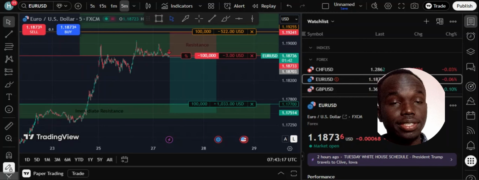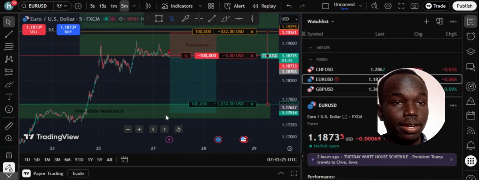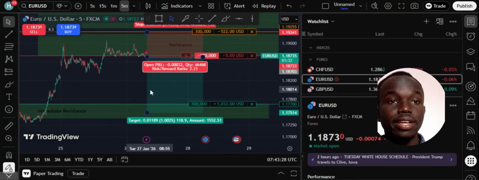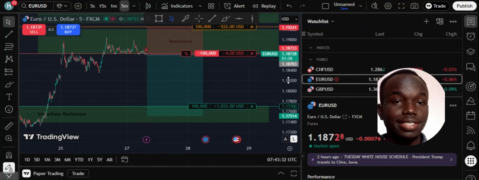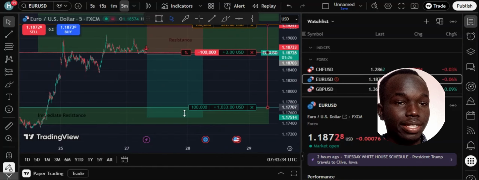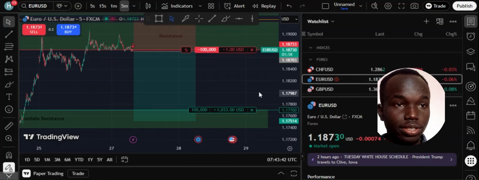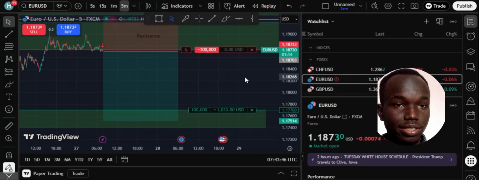Considering these factors, I do believe the market is going to go well. What I'm seeing is that our resistance is holding in the 5 minute time frame. We've seen two major highs, and regarding that factor, the resistance is going to hold. It's just about time, so that we can hit that $1,000 profit.